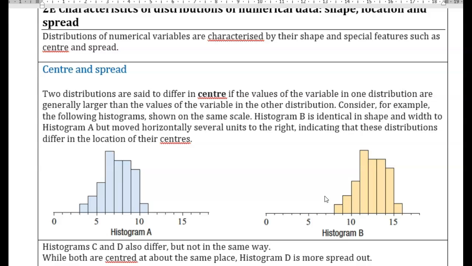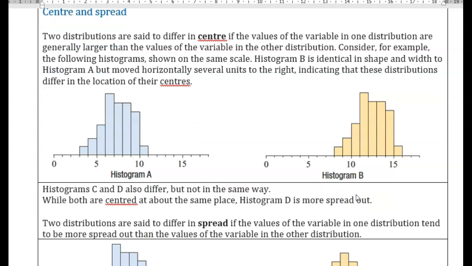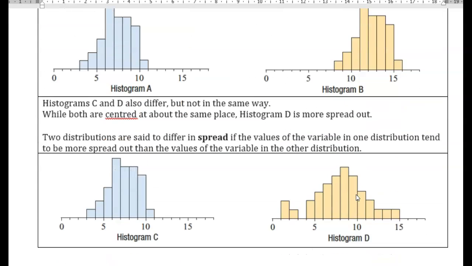In reality things probably wouldn't stay the same, but let's say they've just moved along. So the shape stays the same: the person at the front stays there, then there's a majority in the middle, and then a few at the end.